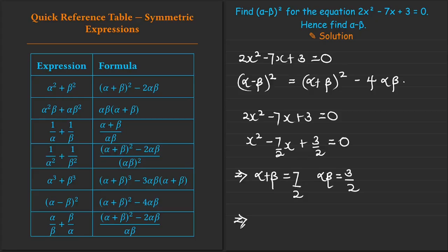So it simply implies that alpha minus beta all squared is now equal to the sum of roots squared. So you have 7 over 2 all squared, then minus 4 times the product of roots. So the product was what? 3 over 2.